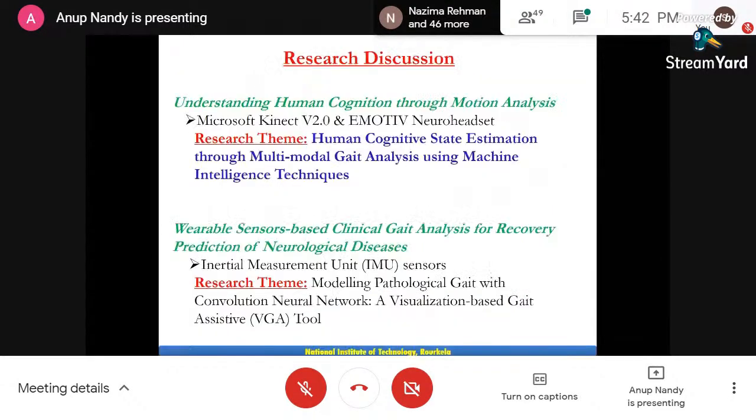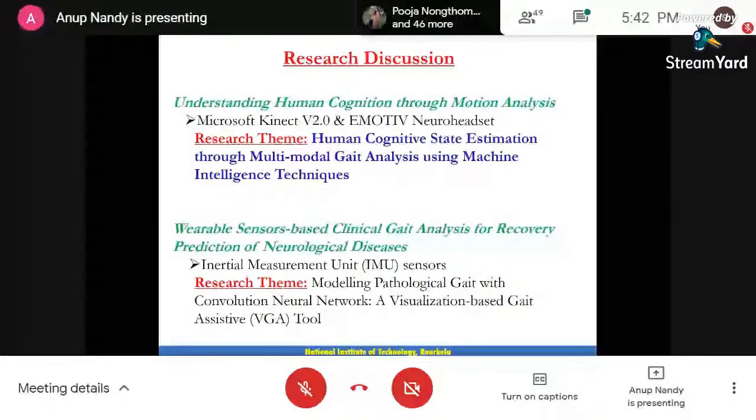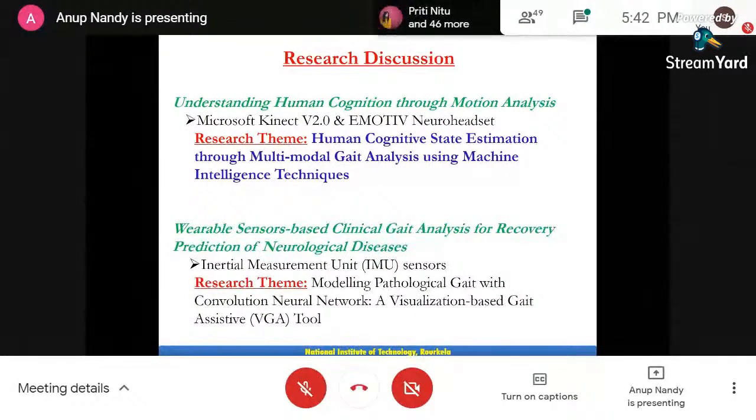Next I will discuss a few of my research contributions in this field. One is understanding human cognition through motion analysis. As you can see, AI techniques can be applied to solve any type of complex problem in the biomedical engineering domain.